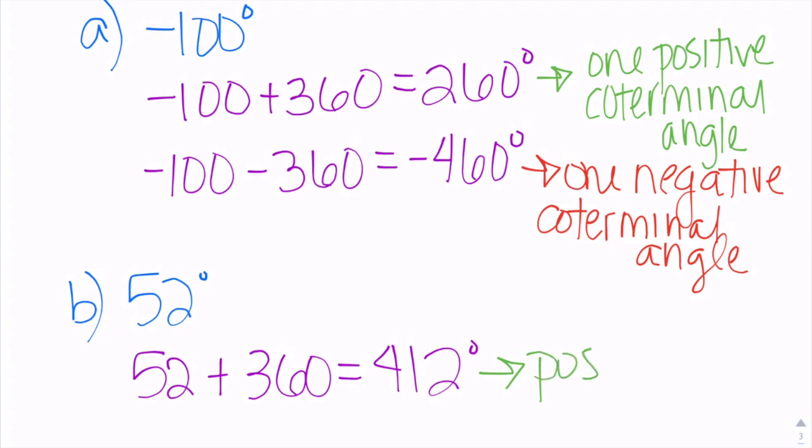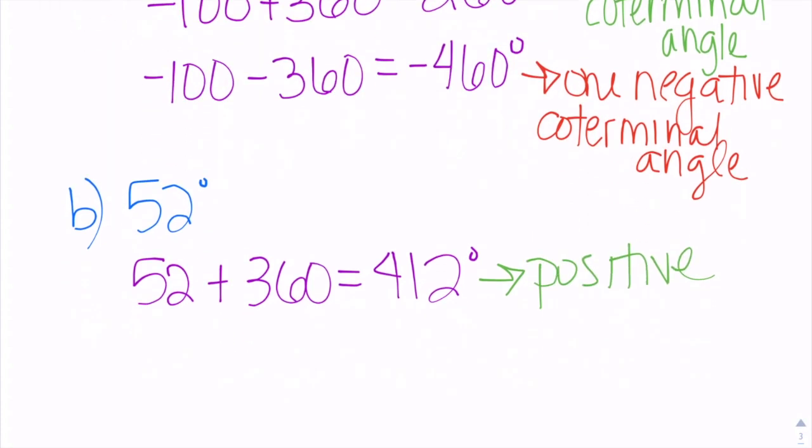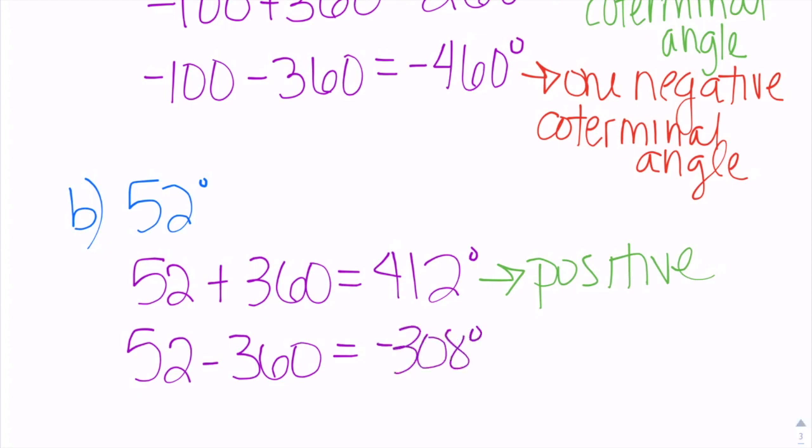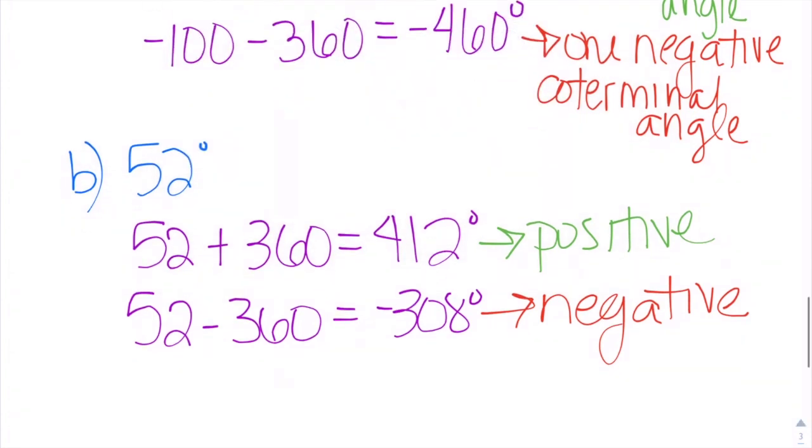And so that right there is my positive coterminal angle that I needed. Now I'm going to subtract, so 52 minus 360 degrees, and that's going to give me negative 308 degrees, and that right there is my negative coterminal angle that I needed.